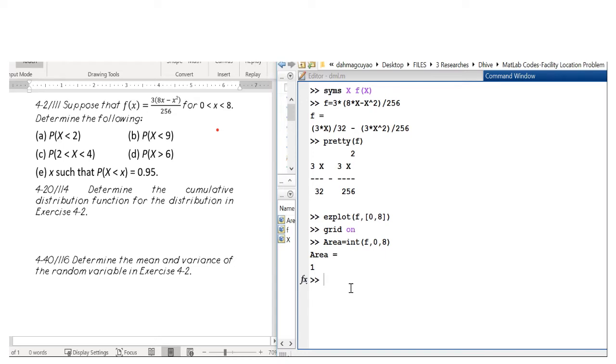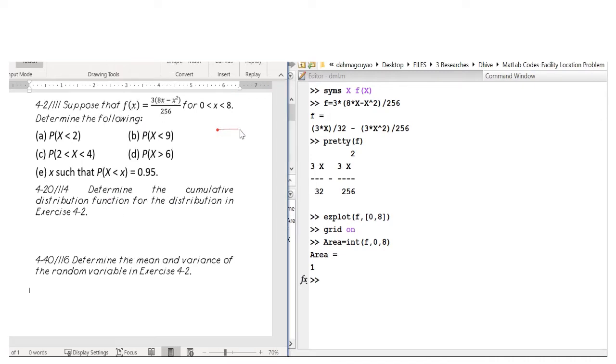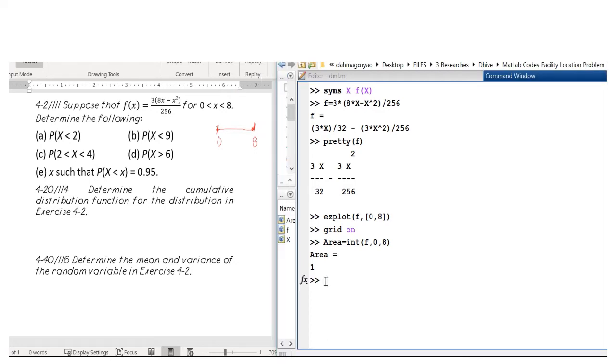Now I want to take note that the function exists from 0 to 8, so we are going to take only limits from 0 to 8. For letter A, we're looking for the probability that the random variable x is greater than 2.